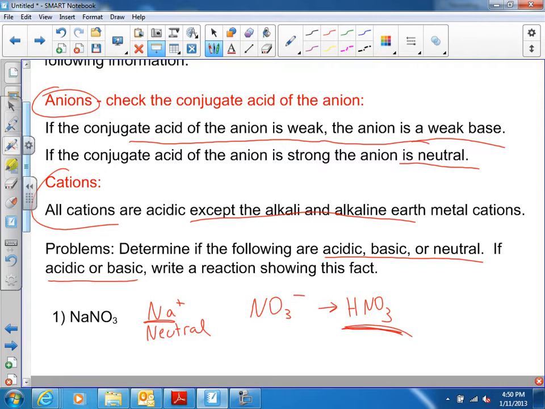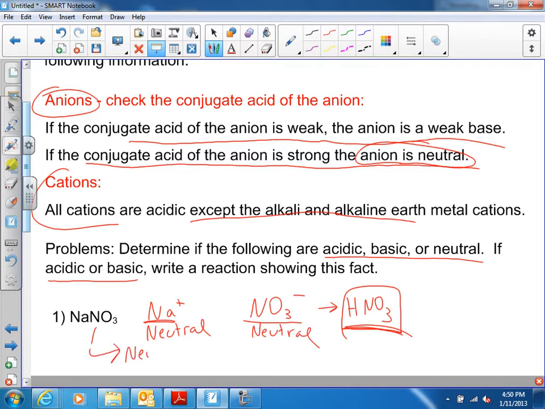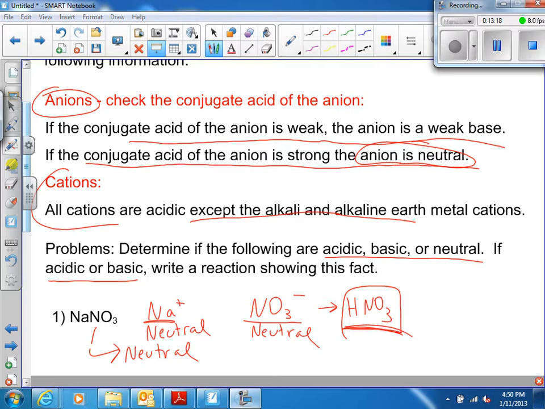HNO3 is nitric acid. It is strong. If the conjugate acid of the anion is strong, the anion is neutral. So the anion here is neutral. Therefore, the salt is neutral. We're done with that problem.